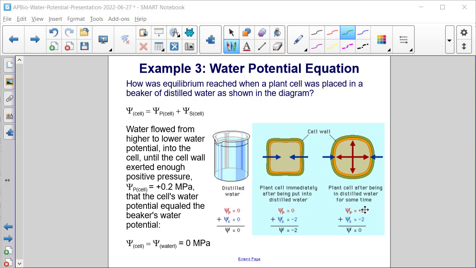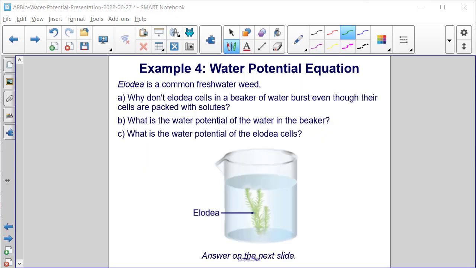Okay, so once they both have a water potential of 0, then equilibrium is reached. And that happens when water flows into the cell, and as it does, the pressure potential inside the cell provided by the cell wall increases till we get to that 0.